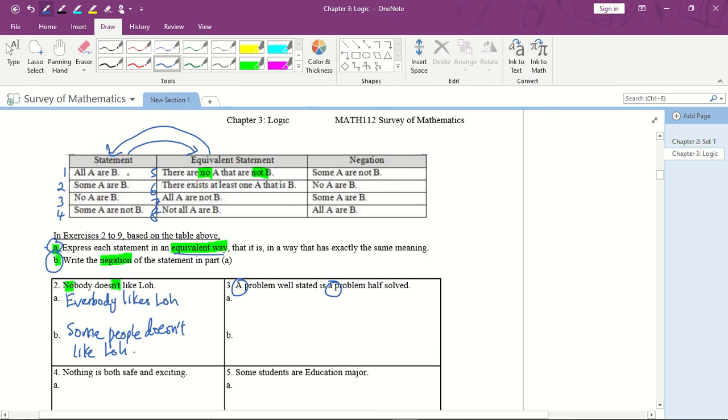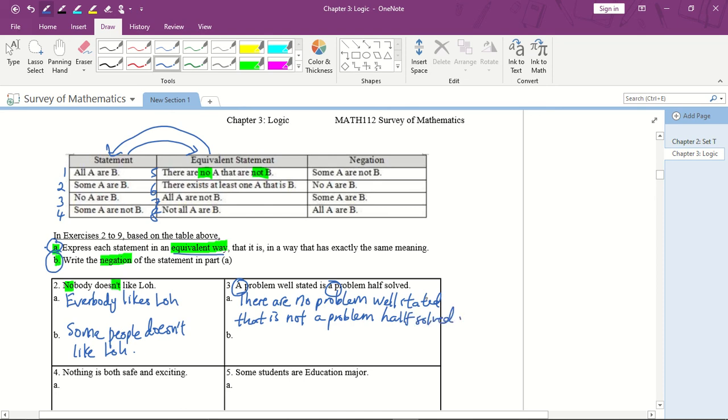All A are B again. Okay, just now it is given this one, and now it is given this one. So when we write the equivalent statement, we write the next one here. So it means that you write it as: there is no problem well stated that is not a problem half solved.